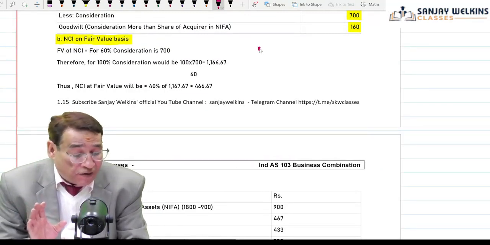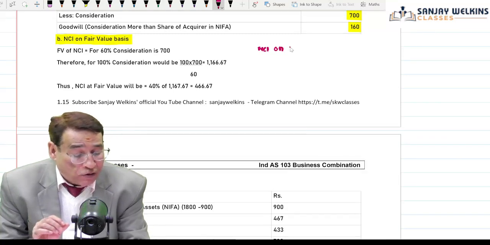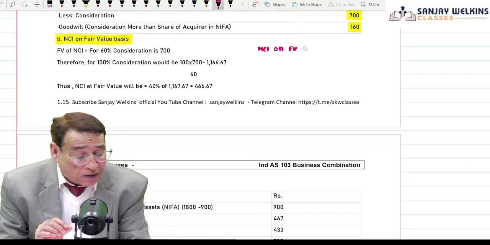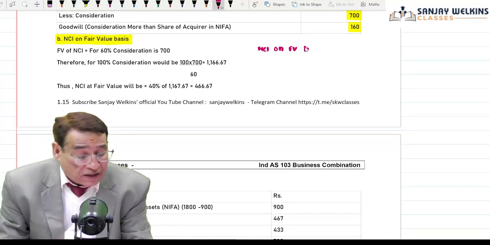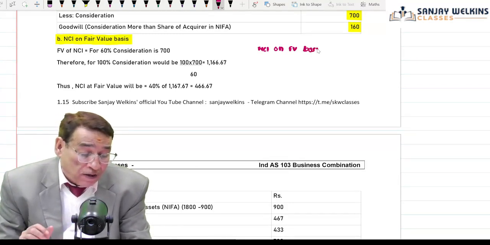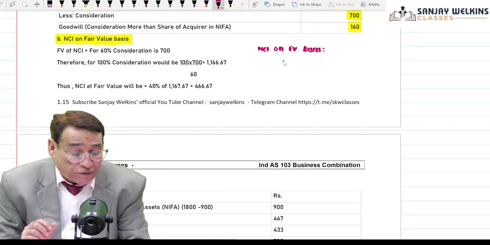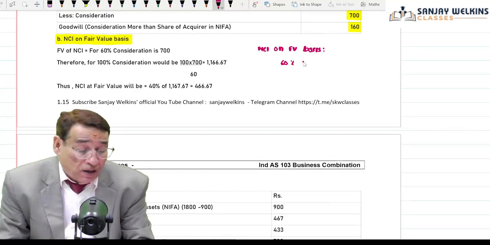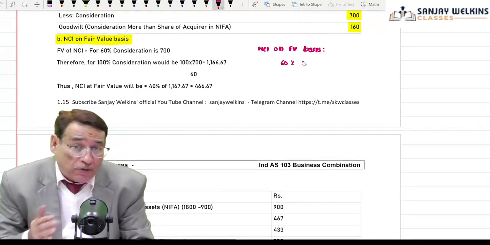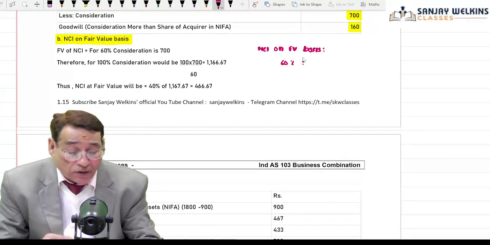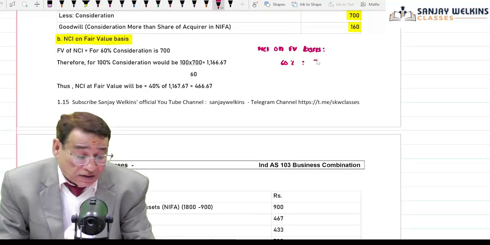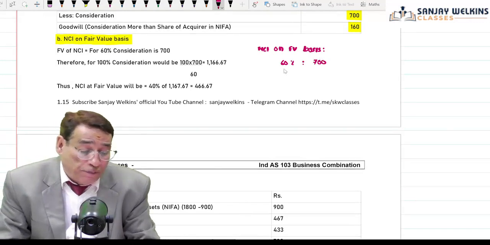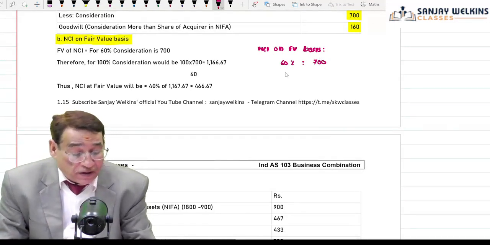How would I have computed? First of all, I would have taken into account the stake of the acquirer. Then I would have compared it with the amount of purchase consideration. The amount of purchase consideration given is 700 lakh. So indirectly it means fair value of 60% is equal to 700.